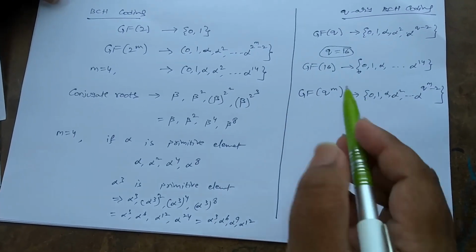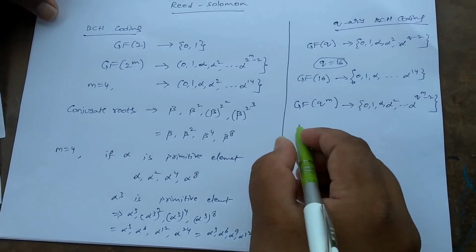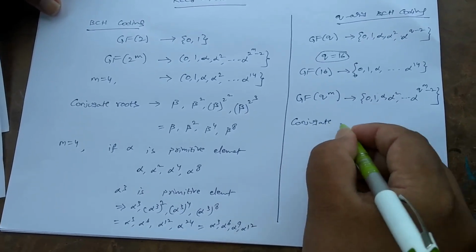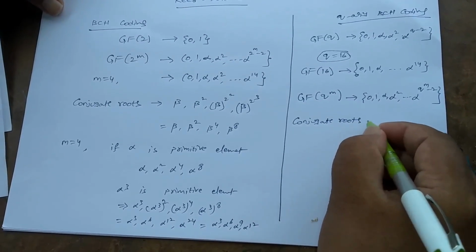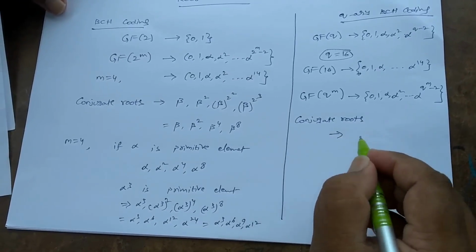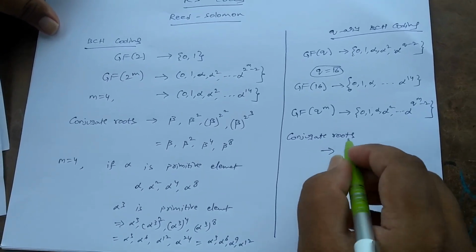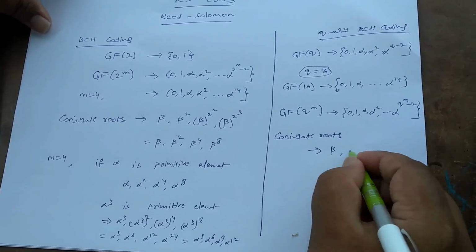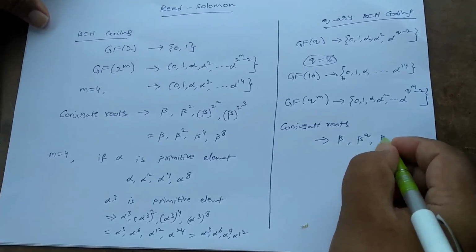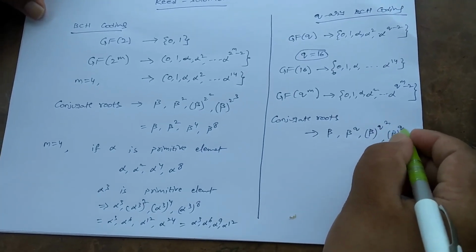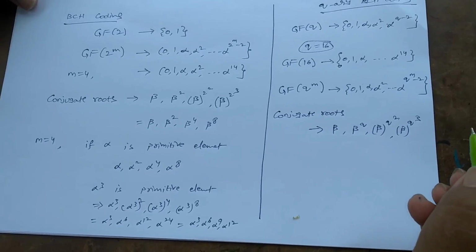Once we have this representation, we have to think about conjugate roots, similar to the previous case. Earlier it was beta, beta square, beta 2 power 2, because 2 is the base. Now the conjugate roots are beta, beta power q, beta power q square, beta power q cube, like this.